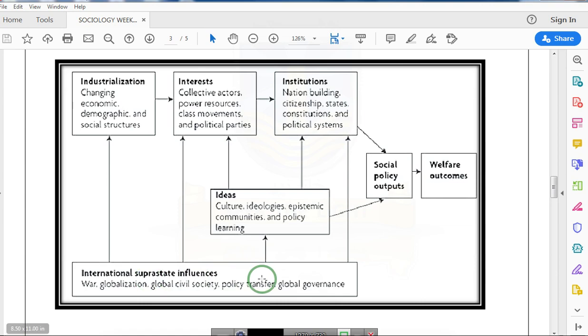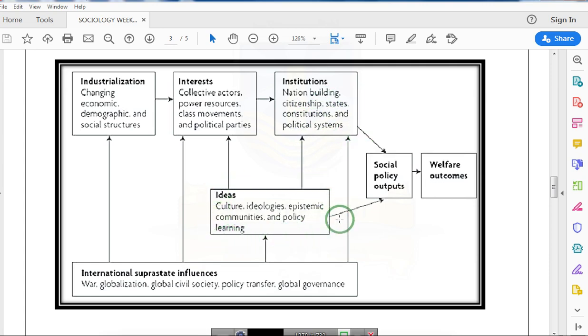Now, the same international suprastate influences are also going to have their implications directly upon social interests, while industrialization would also lead to these interests. Similarly, we have institutions, nation building, citizenship, states, constitutions, and political systems.